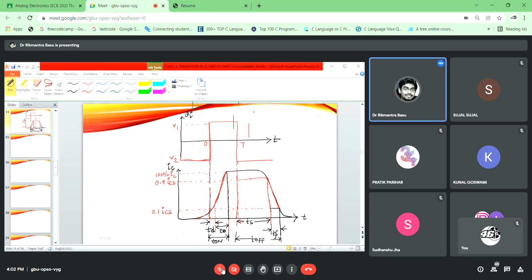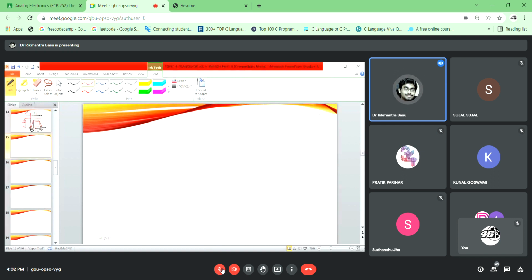So this is basically the response. Even against a pure rectangular pulse, the transistor circuit provides you different time attributes, giving a completely flattened kind of pulse-shaped response or output.